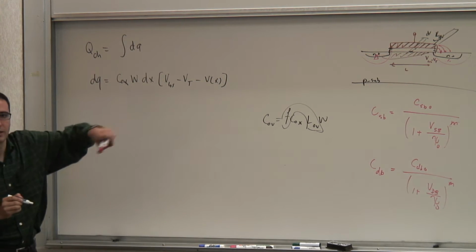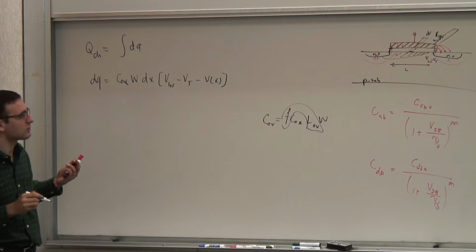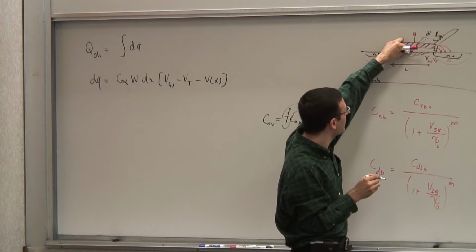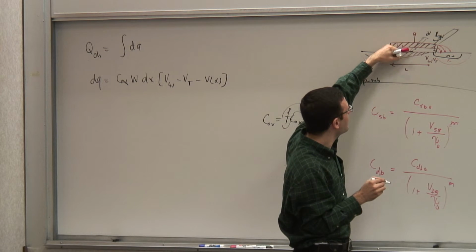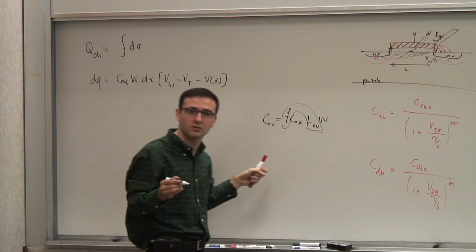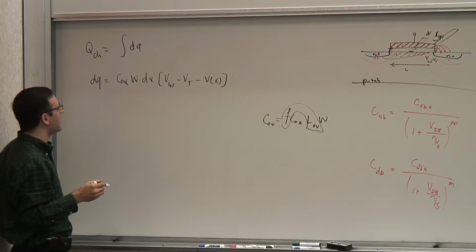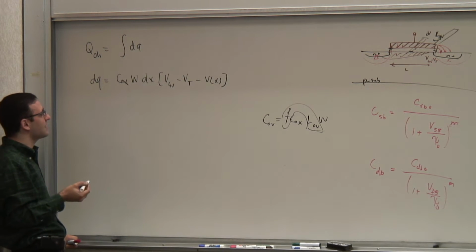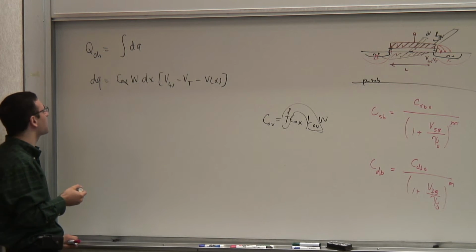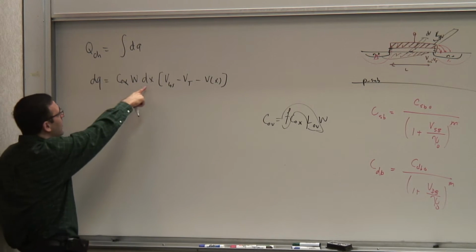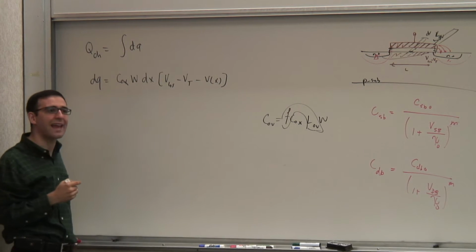It's over there. dq, the charge in a small slice, comes from the gate voltage minus the voltage here, which is V of x, minus Vt, to give you the inversion charge, times the area times the Cox. Okay? So that's the charge. Now, I want to integrate this dq from something to something. But if I want to integrate this, I have to integrate over length.